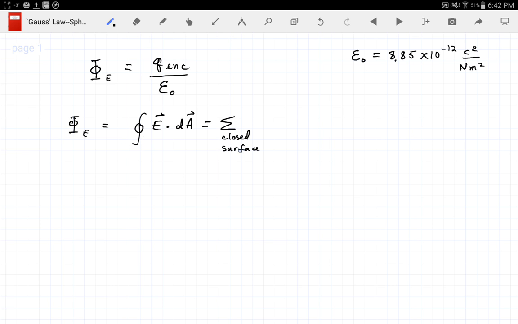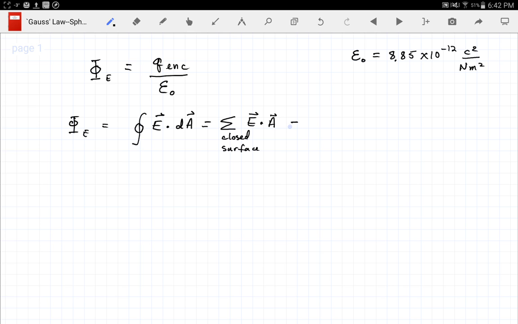It's the summation over a closed surface of the electric field parallel to the area for each piece of that closed surface. So for instance, if you have a cube, you would take each surface of the cube, so you'd have a total of 6 different pieces to the summation, the electric field for each surface dotted to the area. Remember, the dot product means the parallel parts.